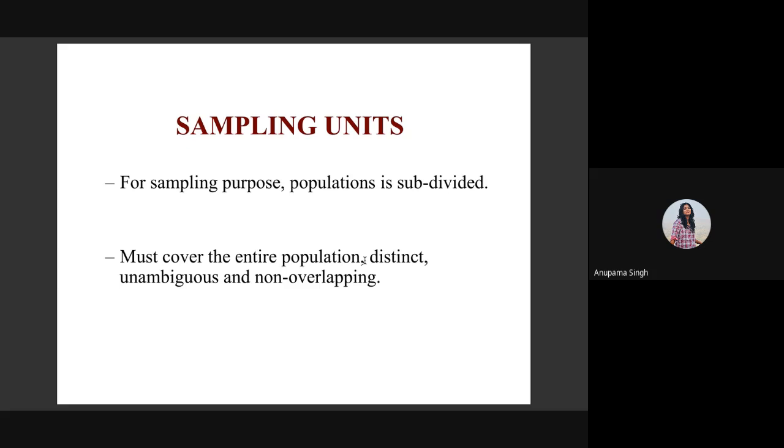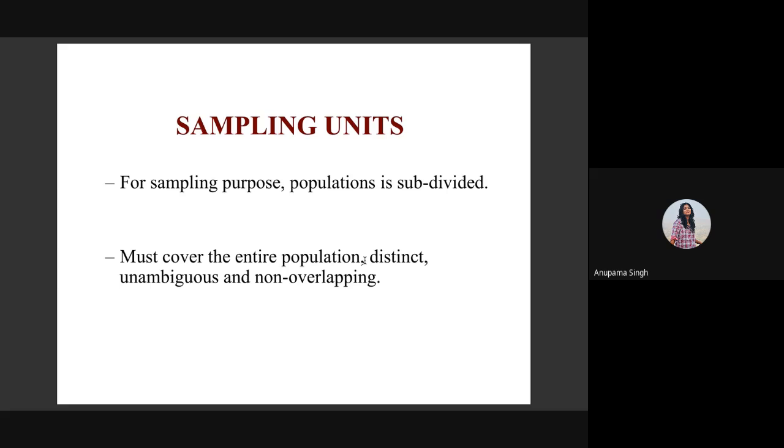So it should be clear, because when you are going to conduct the sample survey, you are going to take responses from different individuals and they should understand what your sampling unit is. Obviously the term unit will be clear to you, but if your sampling unit is clear, then you will be able to gather the information from the right person.